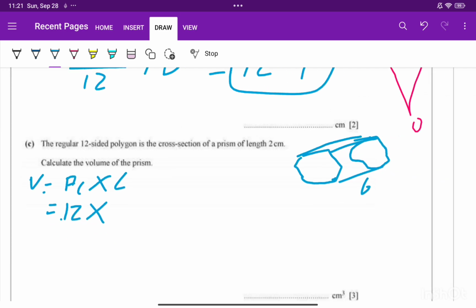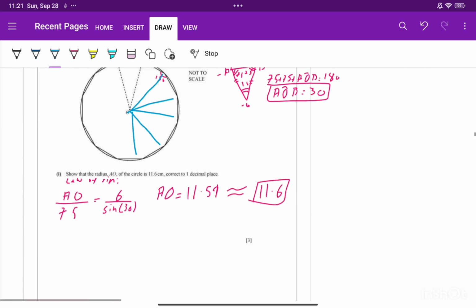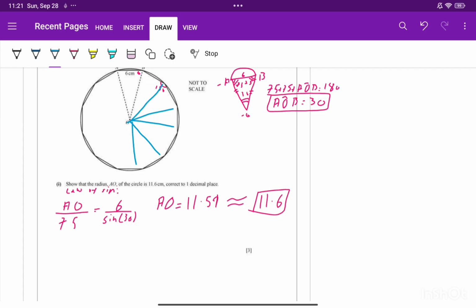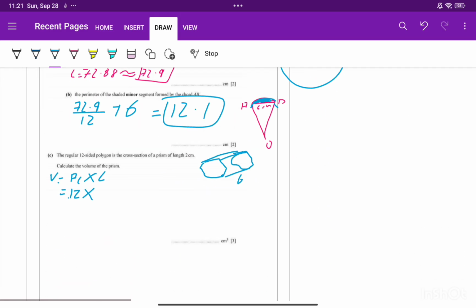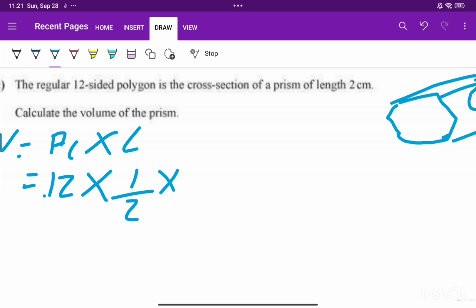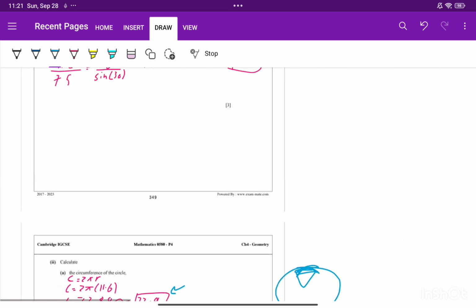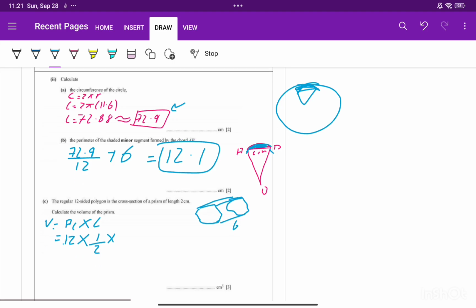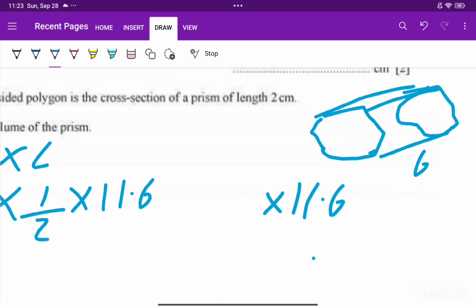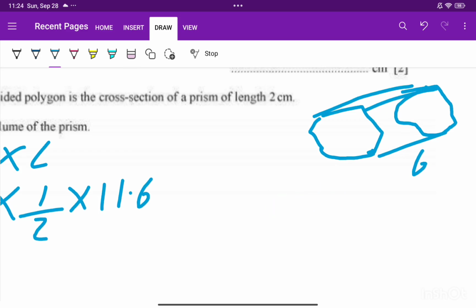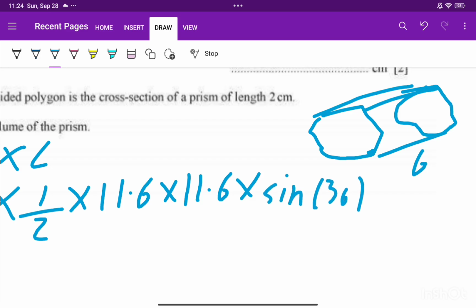We already know the length is 2 cm, and to find the area of the cross section, we will first find the area of this triangle, and then we will multiply by 12, because there are 12 triangles in the polygon. So 12 multiplied by the area of the triangle, which will be half multiplied by the sides of the triangle, 11.6 multiplied by 11.6, multiplied by sine 30, and multiplied by this length, which is 2.